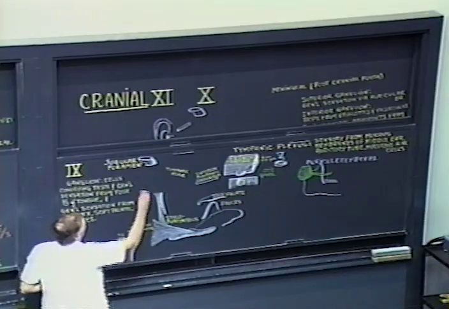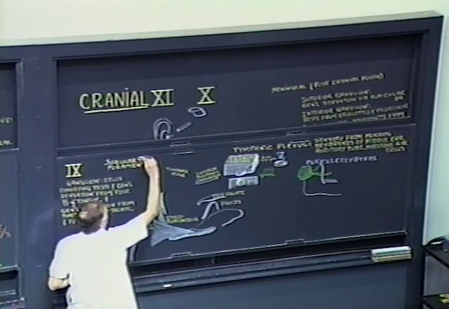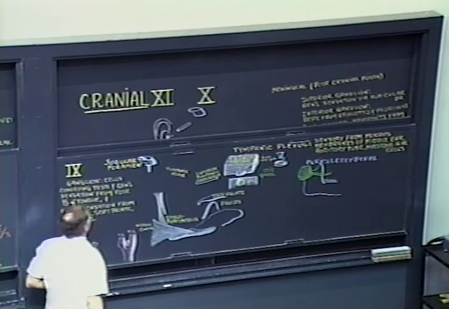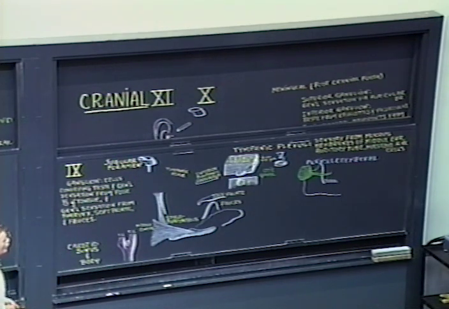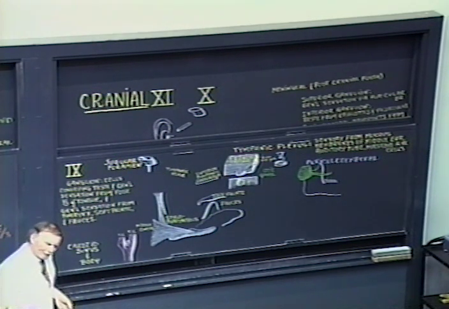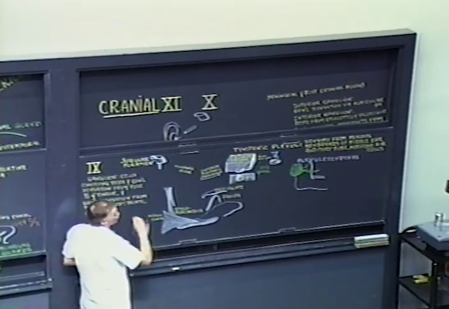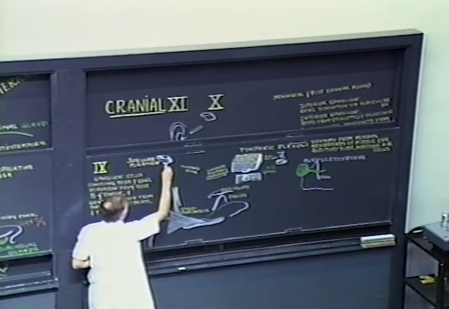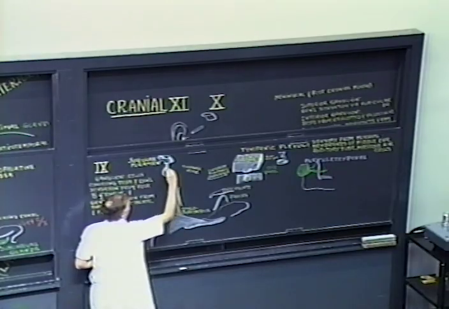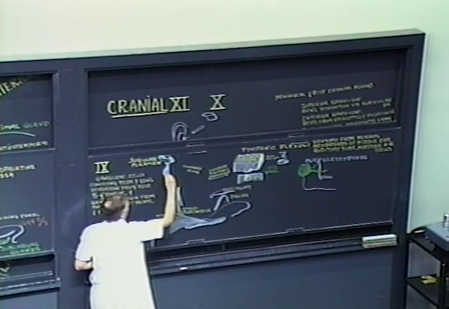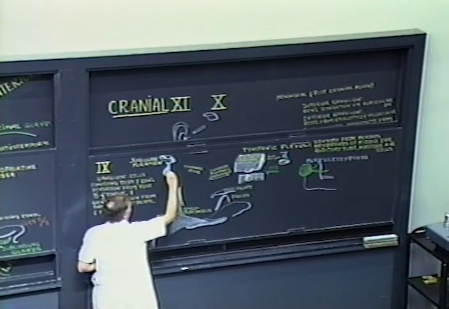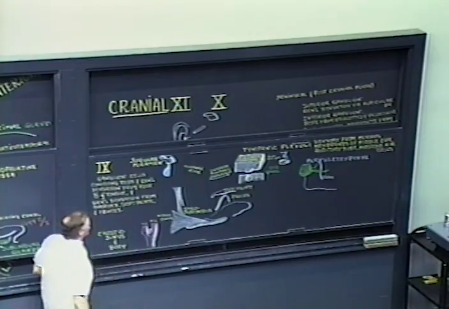And what we find just below that foramen is a ganglion. The ganglion of the glossopharyngeal nerve, and this ganglion has two parts, so I'm only going to draw half of it as a hemisphere, but it is sensory.